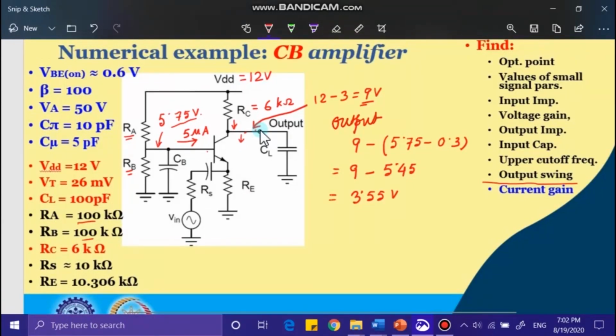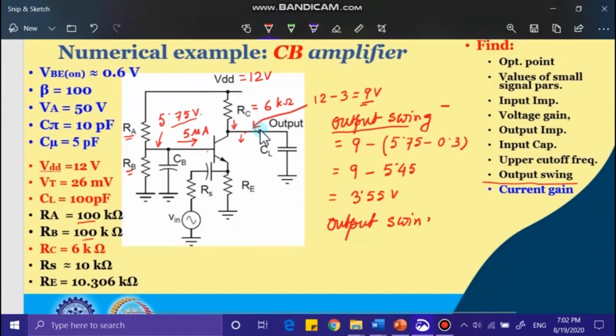On the other hand, if I consider the output swing in the positive direction, with respect to 9 volt here, the voltage can go as high as 12 volt.